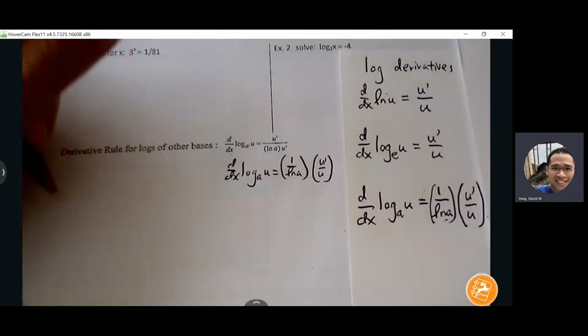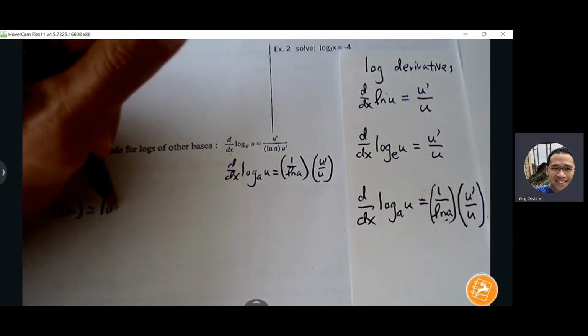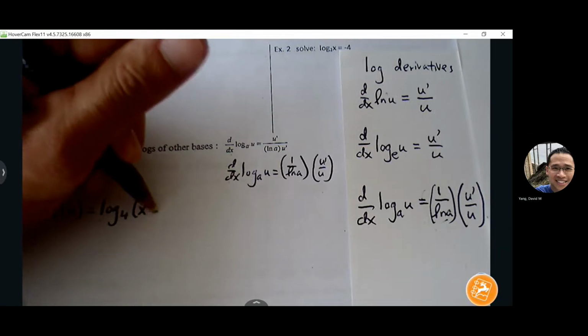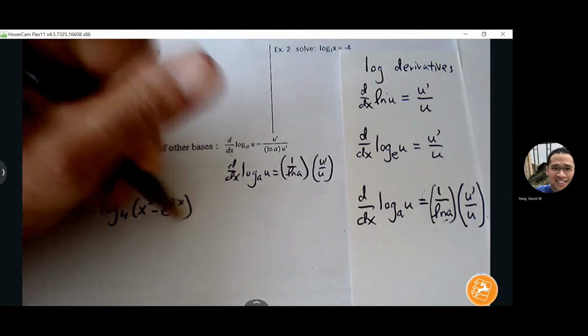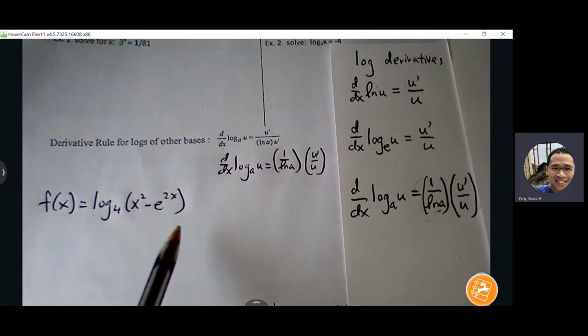Okay, so let's try this problem here and see if we can make sense of this derivative rule. Oh, and then something else to keep in mind is that all of the natural log expansion properties also apply for logs of other bases. So if I see an expansion property that's available for log base 4 or log base 6, I can take advantage of it.